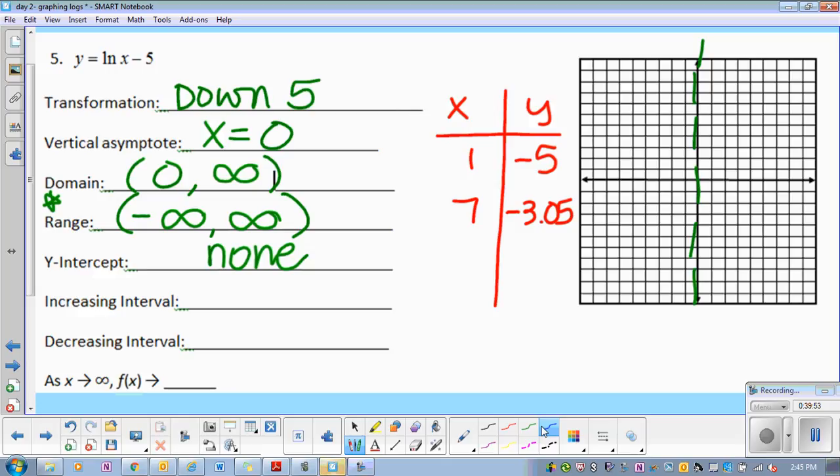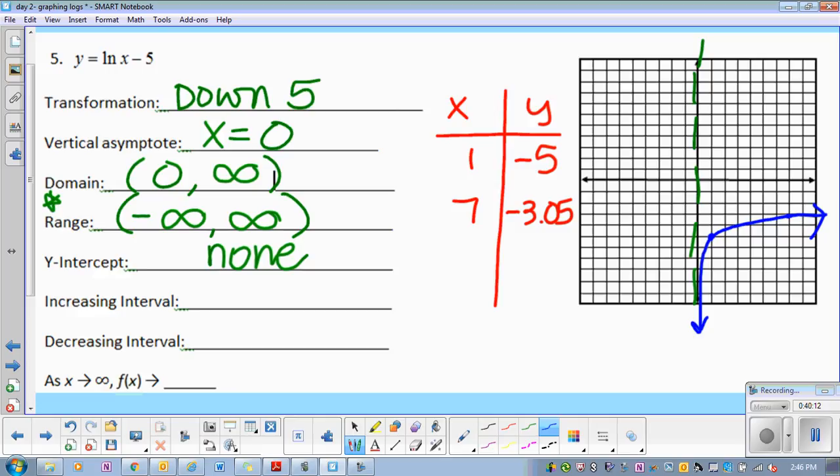So that's none. I have (1, -5) and (7, -3). There we go.